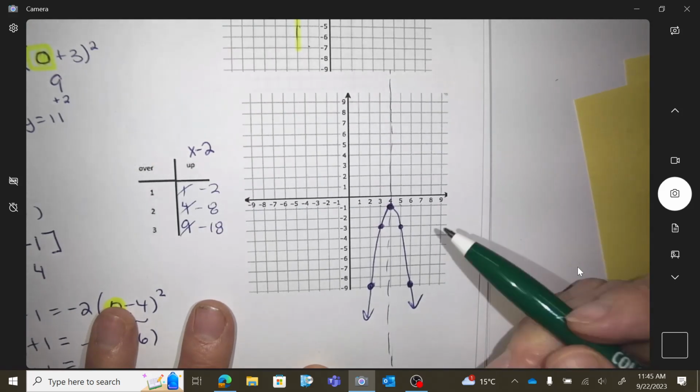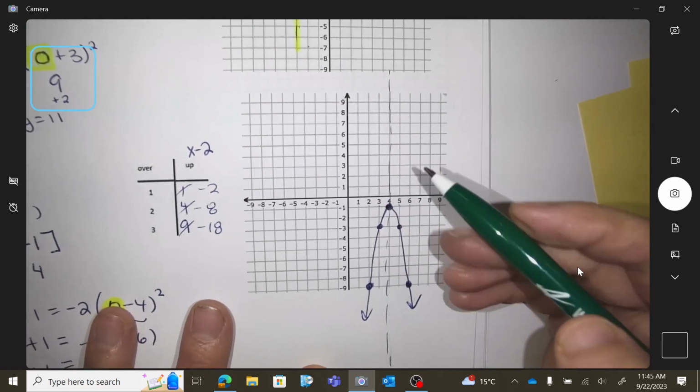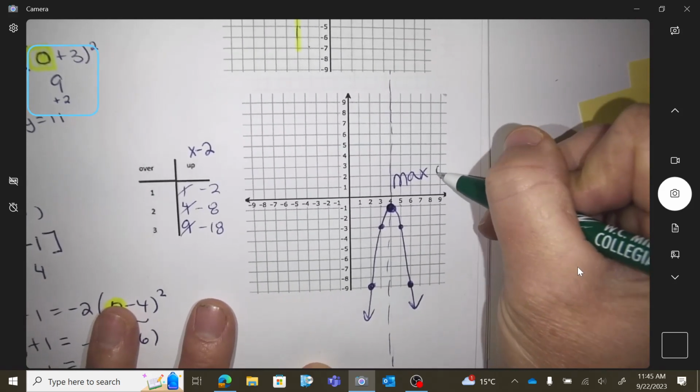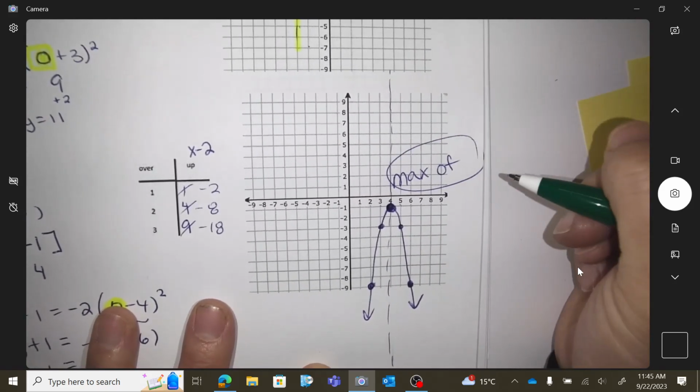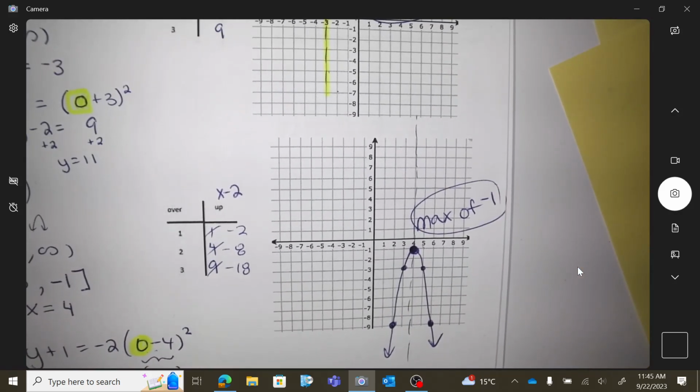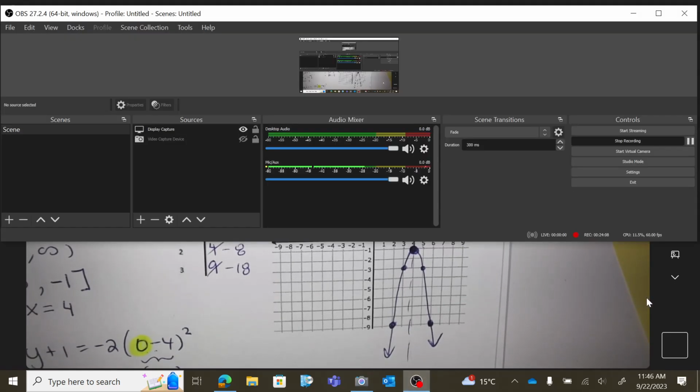How would you change the words on this one? This one would have a maximum of, so what height? -1. Okay, so you might see if I'm asking for min or max, that's what I'm asking for, okay? Min and max.